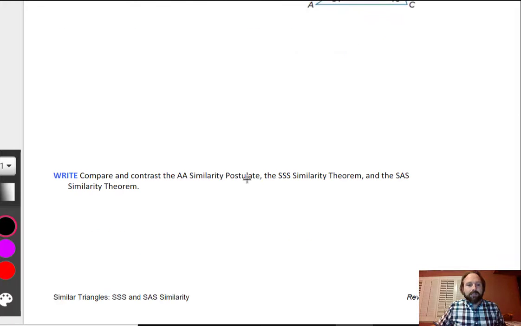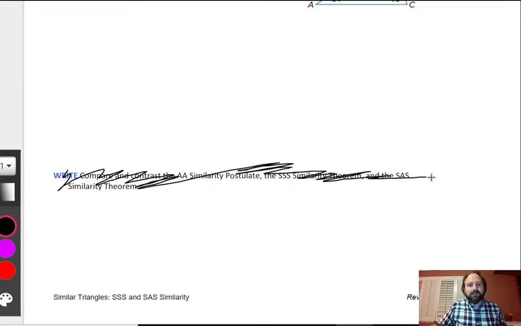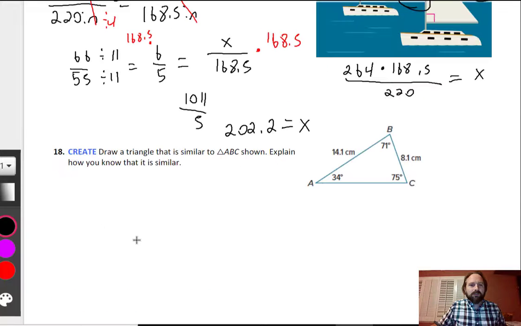The final one, actually, I don't want you to do this, so I'm going to cover it up. You don't have to do this one because that's going to be our warm up tomorrow. So you just have one question left. Draw a triangle and explain how you know it's similar. It's your choice: angle, side, or side.